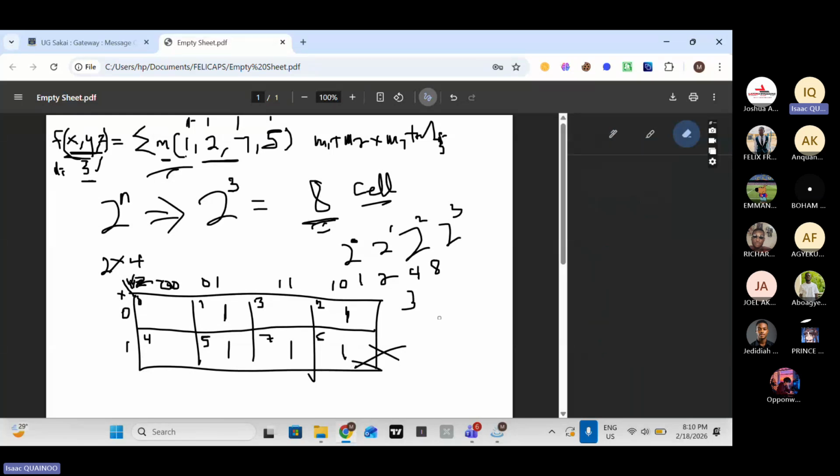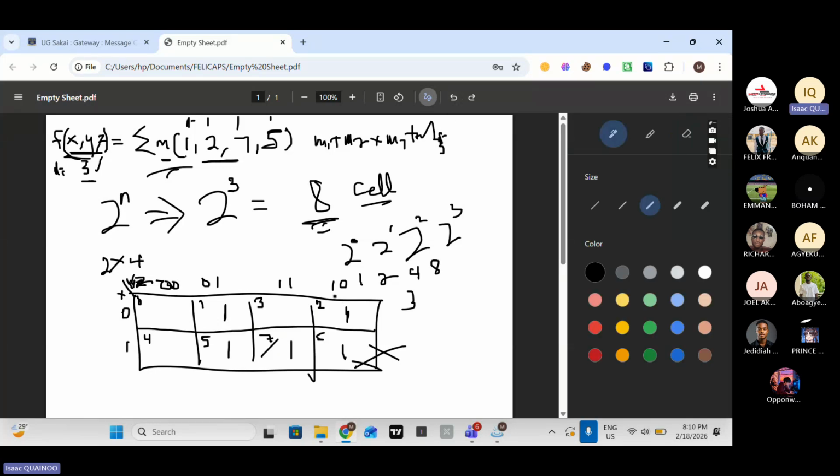Or somebody will also say that, okay, since we can select 2 cells at a time, let me select these 2 diagonal cells, right? It is also not allowed. You are not allowed to select in this manner.